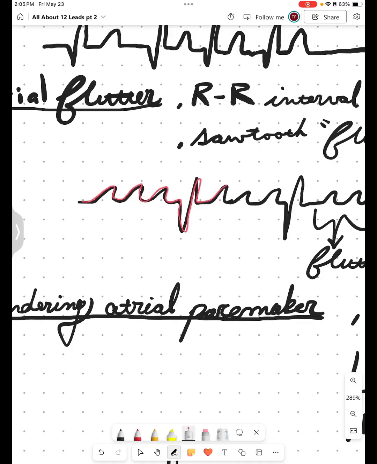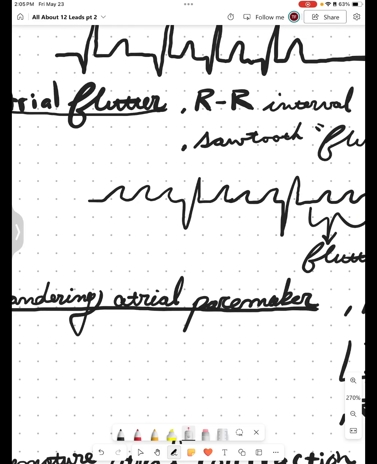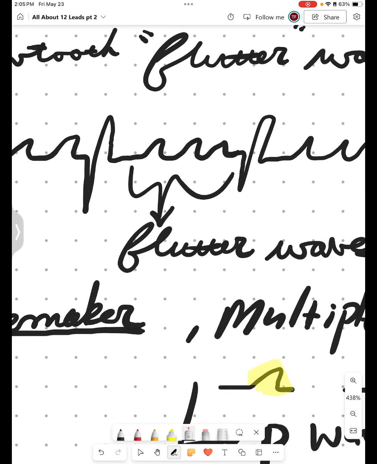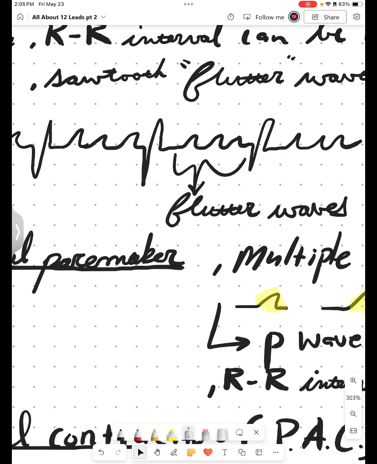So for example, this is a 3-to-1 conduction. For every 3 flutter waves, there is 1 QRS, or ventricular contraction, or ventricular depolarization. And these here, again, are those flutter waves. They look like irregular, indistinct P waves.